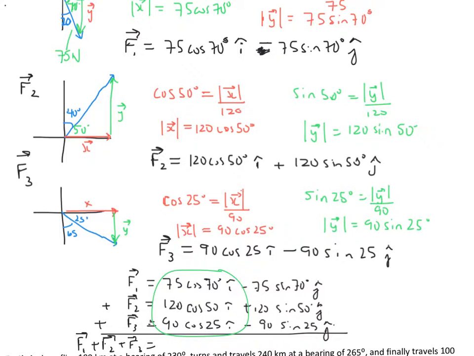And then we're going to add all of the j hat stuff together. So I'm going to punch this into my calculator all in one swoop here. 75 times the cos of 70 plus 120 times the cos of 50 plus 90 times the cos of 25. And that will give me my sum, or the x component of that vector.